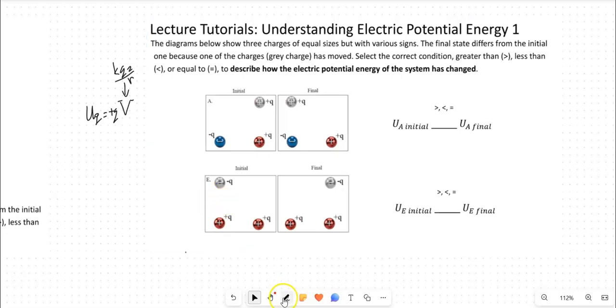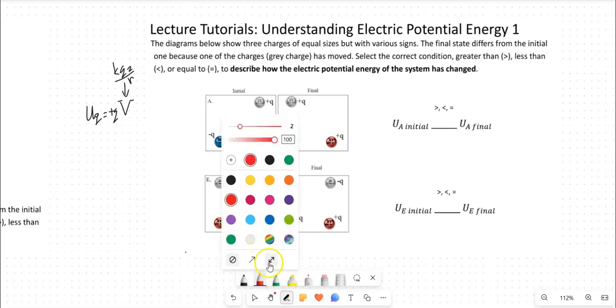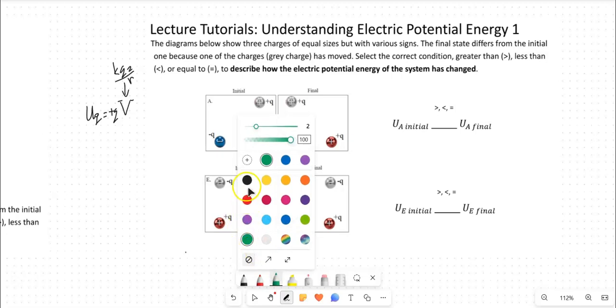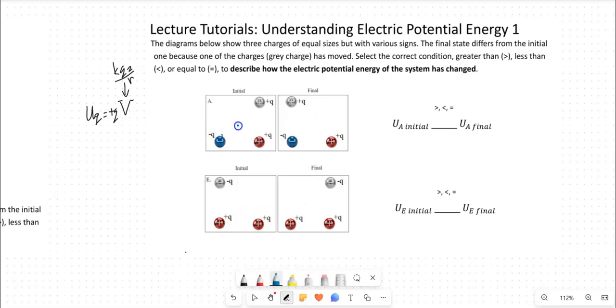So for example, we're going to draw this blue line from the blue charge to our gray charge. So the gray positive charge is originally here, and then later on it's right over here. So this is a really far distance, right?